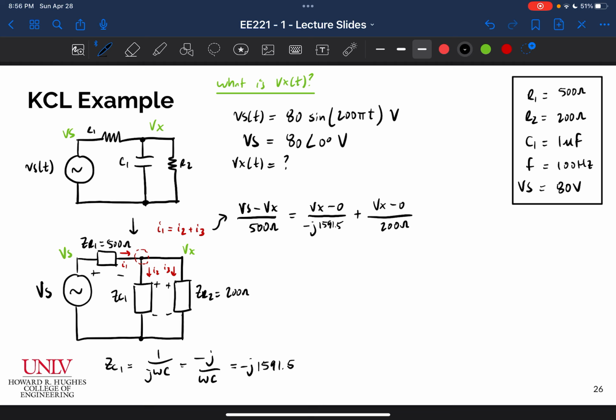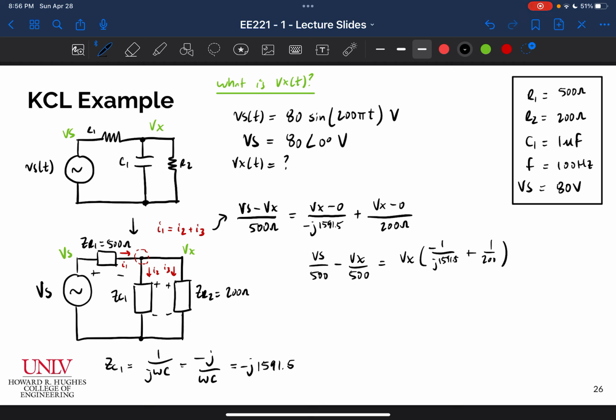So let's go ahead and do that. Basically I can pull a Vx out of the right-hand side. So I got Vs over 500 minus Vx over 500 on the left, which is equal to Vx times minus J on the bottom. I'll just write this as minus 1 over J1591.5 plus 1 over 200.